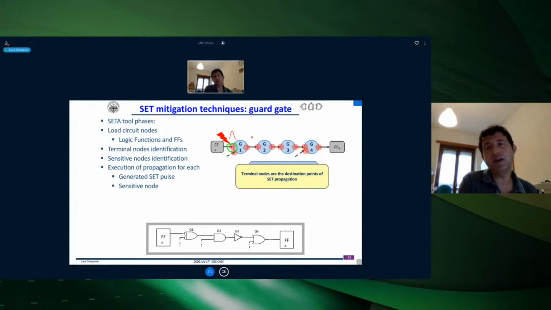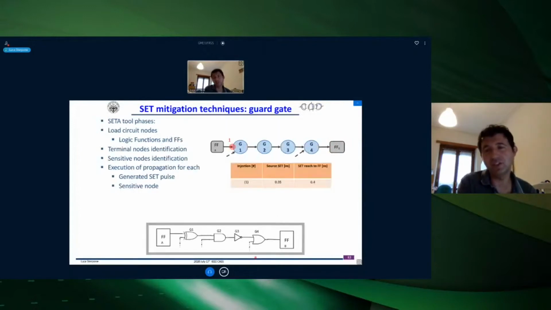We don't need so much what's going to happen when the propagation is performed during this step. So in this step here, it can change in several ways. If we are able to calculate, it's good because we can identify in which way the SET will reach the flip-flop. So to understand if, for example, the transient will be sampled or not when it reaches the output flip-flop.